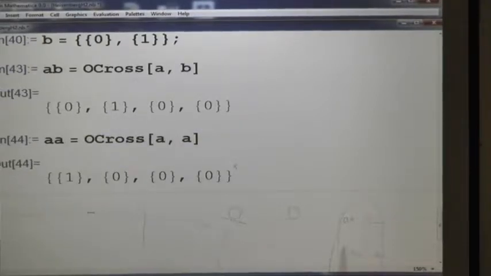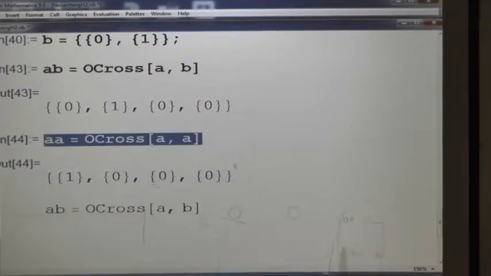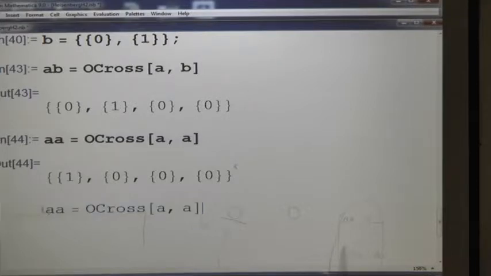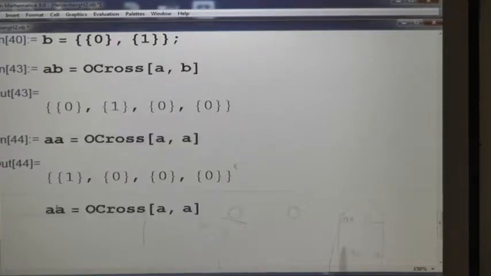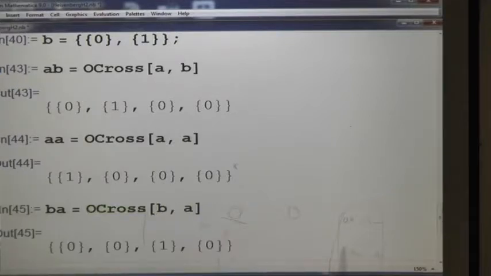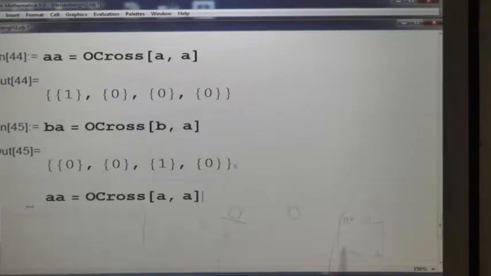I can define beta alpha. Now the ordering is important, so this becomes beta. And I can define beta beta.